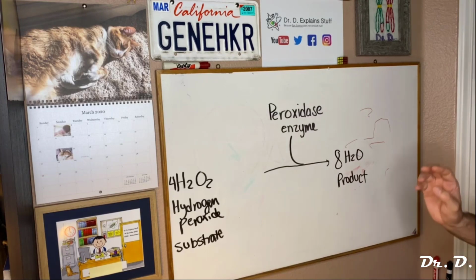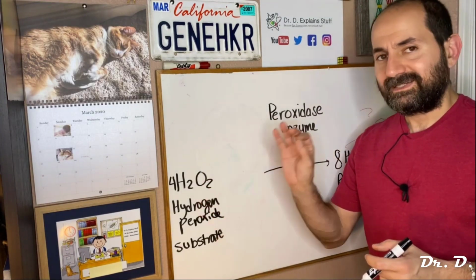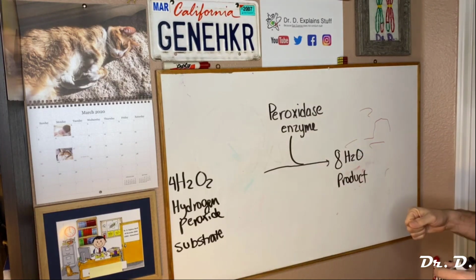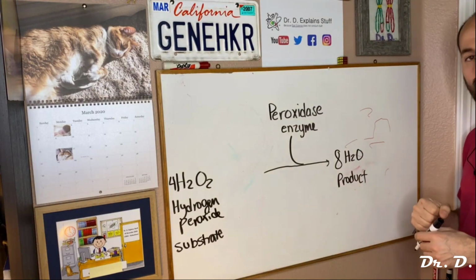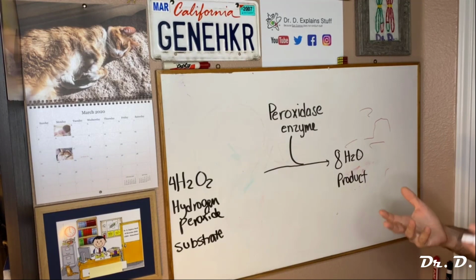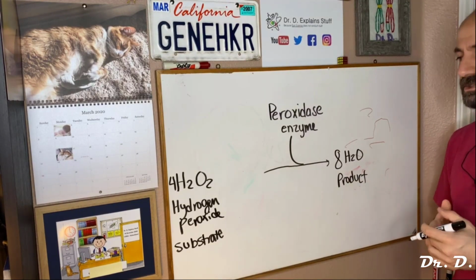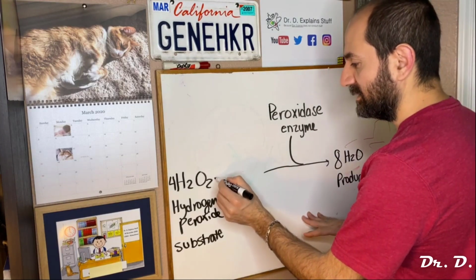Okay? Remember that hydrogen peroxide is clear in color, and peroxidase enzyme is clear in color, and water is clear in color. So everything is clear. So we need a way of monitoring the reaction. That's why we added something that changes colors.